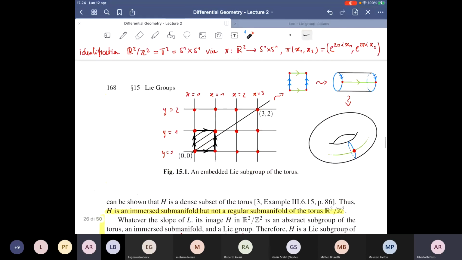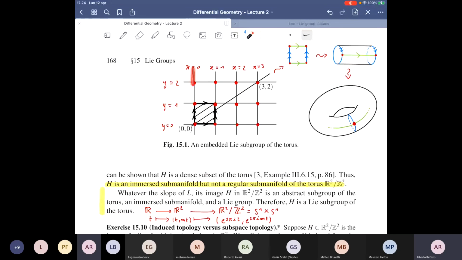So this is the situation. We are considering here R2, the usual plane, and all this grid given by integer values where x and y are integers. We are saying that we consider as the same point all pairs of points such that the differences of their x's and of their y's are integer numbers.